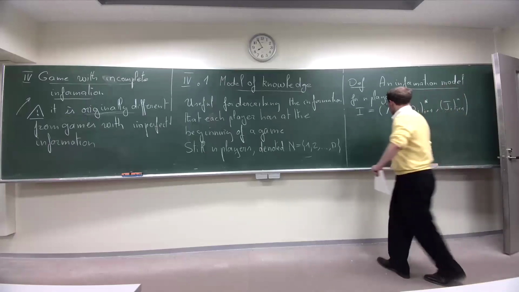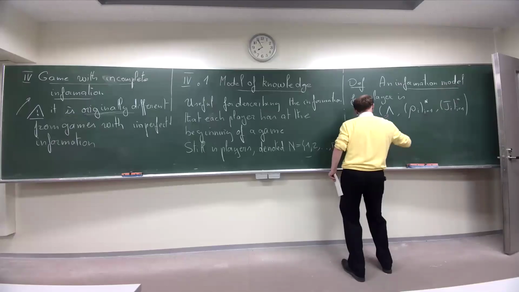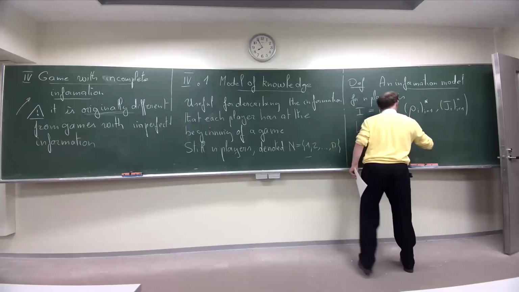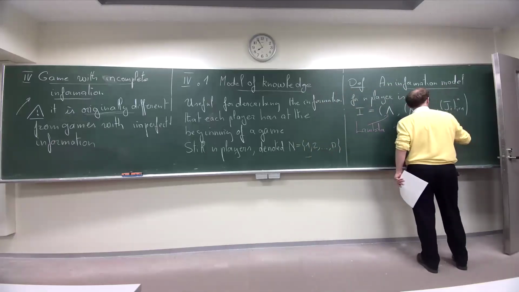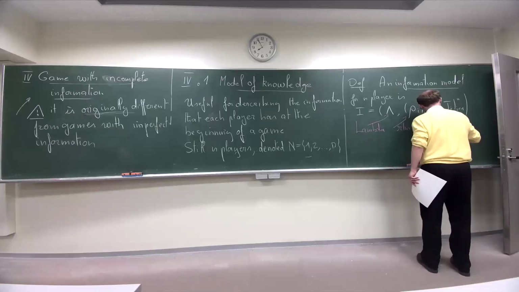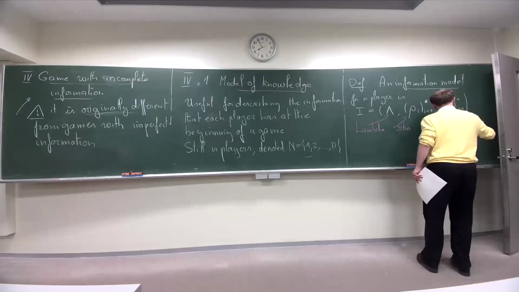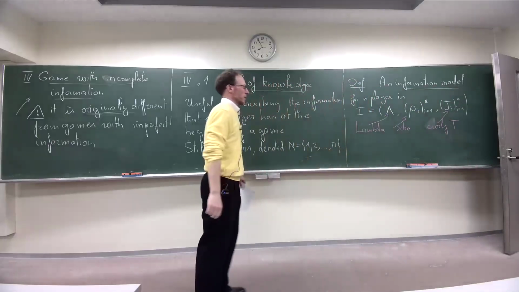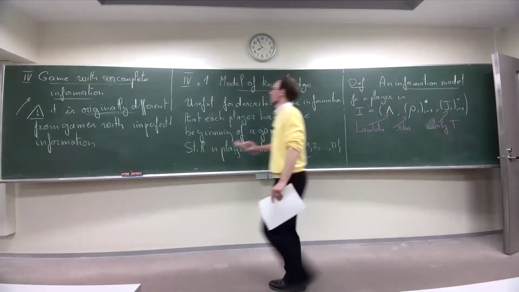So let me give you the letters. This is capital lambda. This letter is rho. And this is a curly capital T. So I'm going to use these three letters. And what are these three guys?